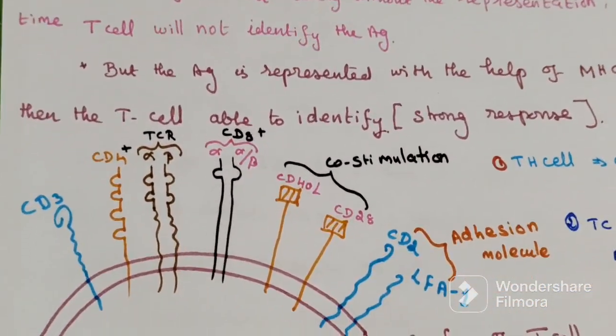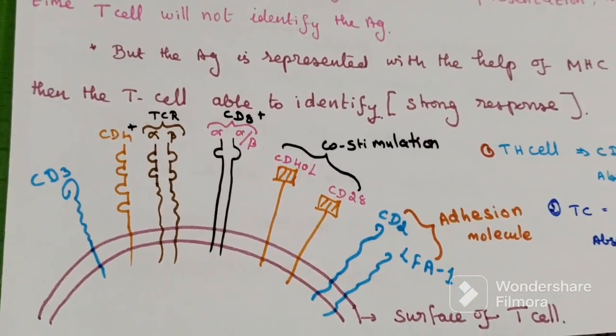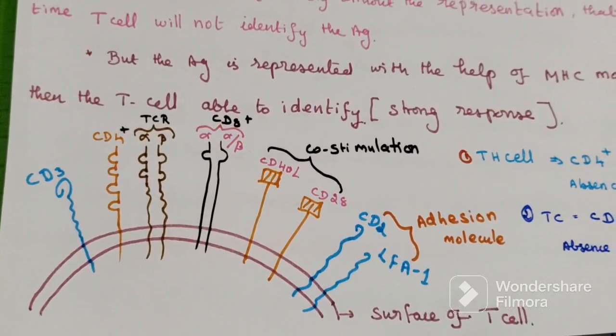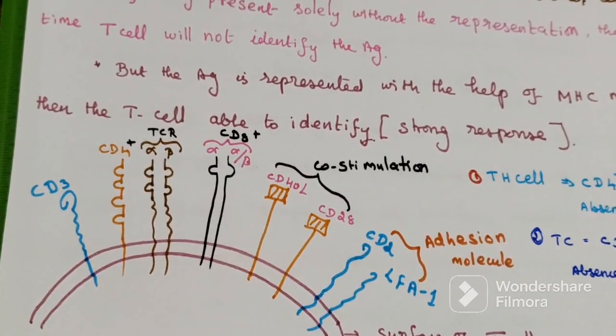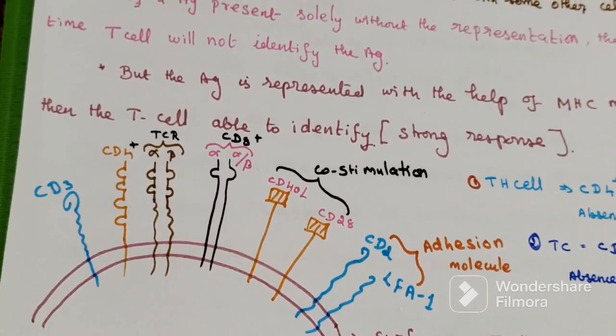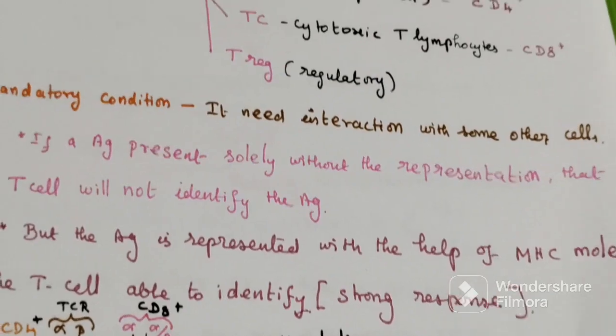Different co-receptors are mentioned here, but only one is present. Along with co-stimulation and additional molecules, it gives strong immunity against that particular antigen.